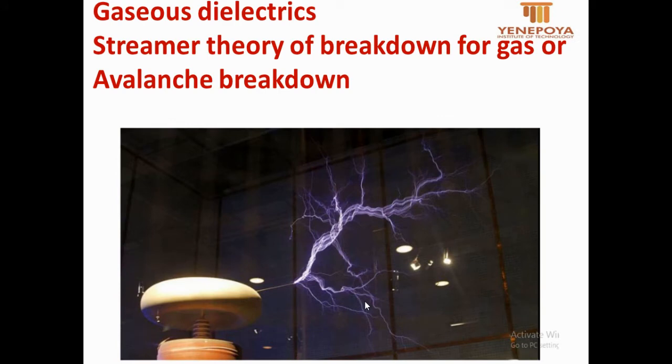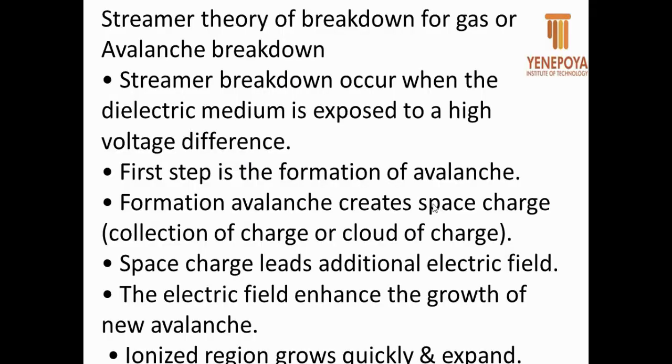Next, the streamer theory of breakdown of gases, or avalanche breakdown. In the streamer theory, breakdown occurs when the dielectric medium is exposed to a high voltage difference.